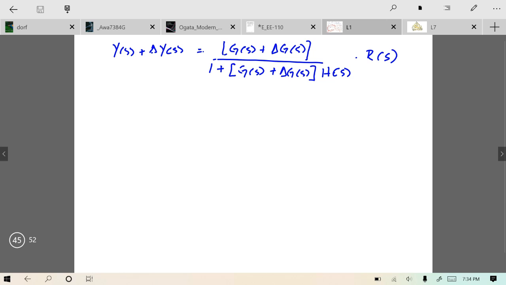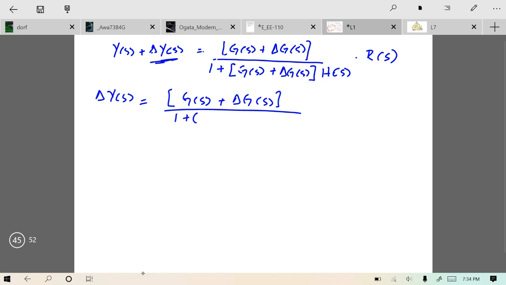So I have changed g of s to g of s plus delta g of s. I am actually interested in delta y of s, so let's take this y of s on the other side. My delta y of s would then become g of s plus delta g of s divided by 1 plus g of s plus delta g of s into h of s, into r of s, minus y of s.